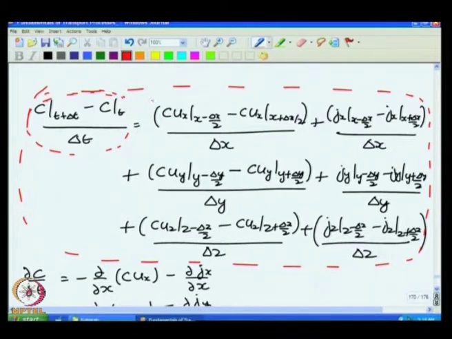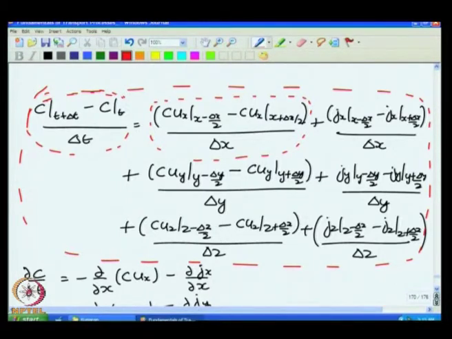The difference in concentration times ux at x plus delta x by 2, minus, I am sorry, the concentration times ux at x minus delta x by 2, divided by delta x. That is, when I take the concentration at x minus delta x by 2, that is the rear face.